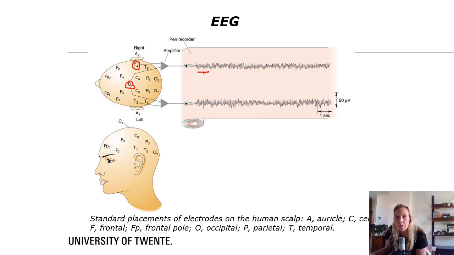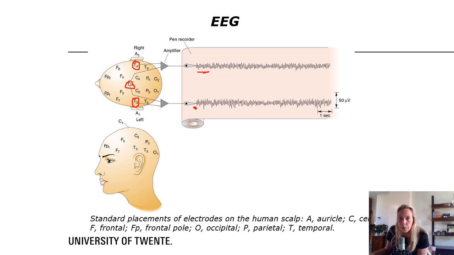So the difference in potential between these two electrodes gives way to the electrical signal. And similarly, this EEG trace is being recorded by measuring the difference between this electrode and the T3 electrode.